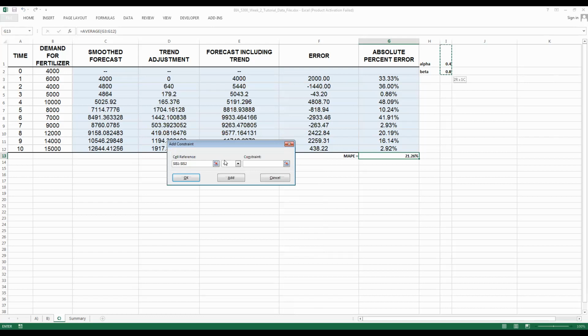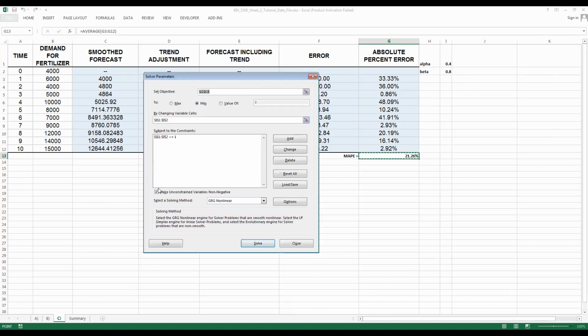Both of these have to be less than or equal to 1. You can do them together, that's allowed. Highlight them both, less than or equal to 1. That means that each one of those is less than or equal to 1. This is really two constraints in one. This checkbox makes sure that both of them are greater than or equal to 0. And then nonlinear. All right, so that's how it should look.